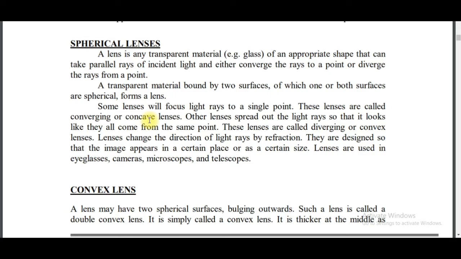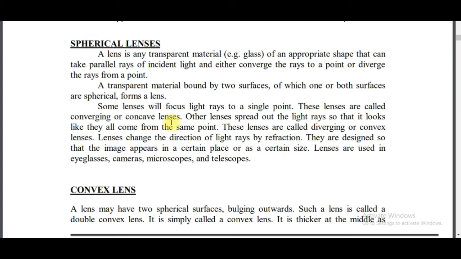One side can be plane and one side curved, or both can be curved. Some lenses will focus light rays to a single point. If you keep an object at infinity, the rays are focused at the focal point. These lenses are called converging lenses.